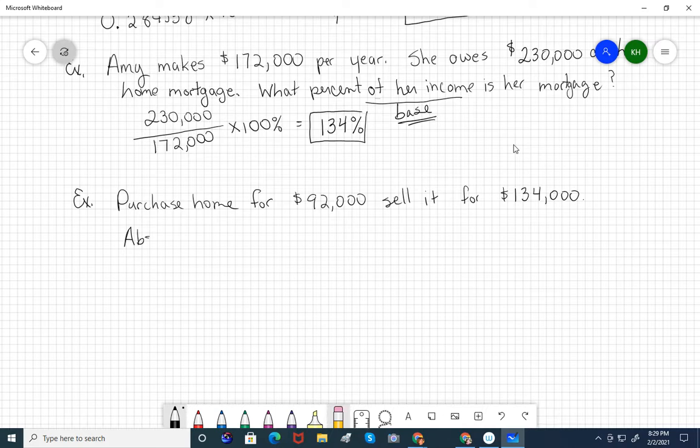Absolute change. Absolute change is just the difference between the ending amount, or the ending value, minus the beginning value.